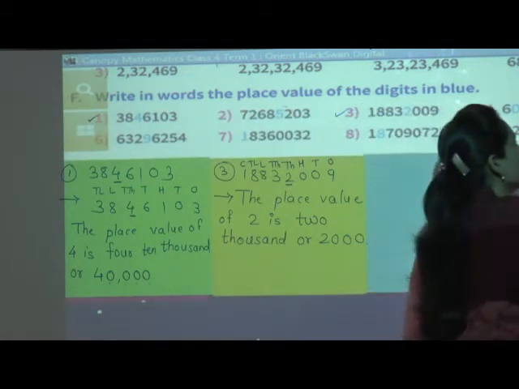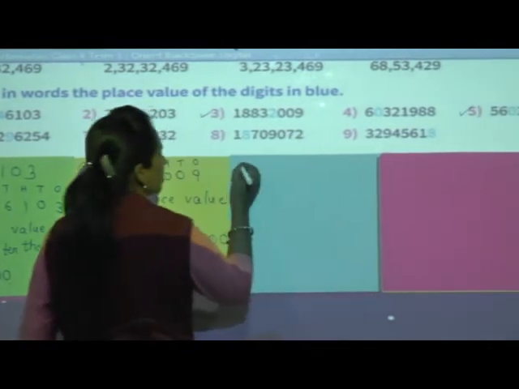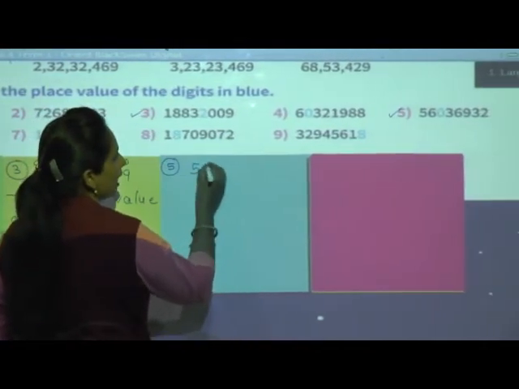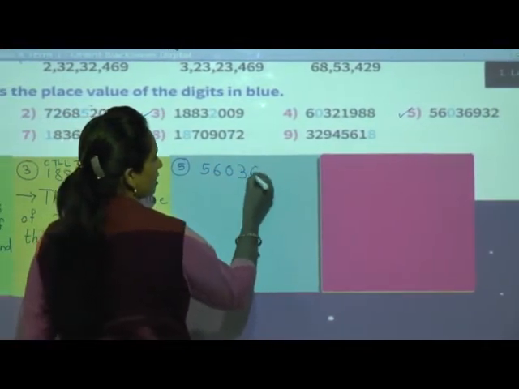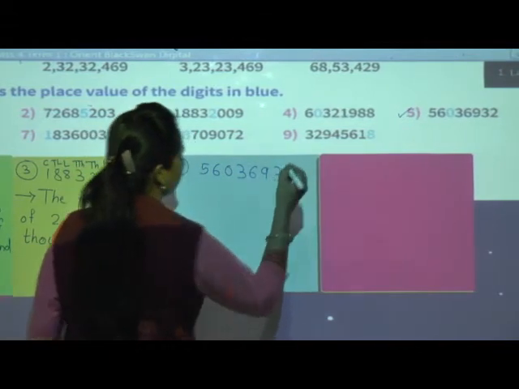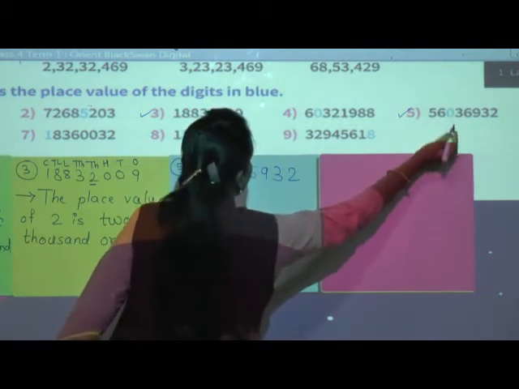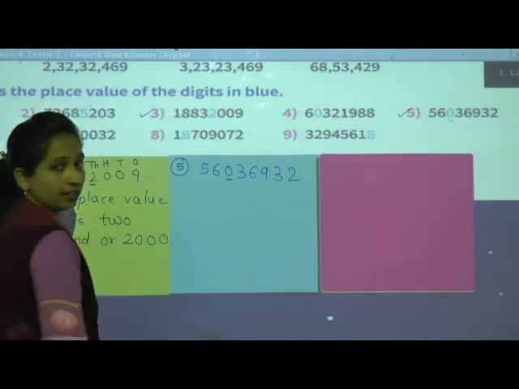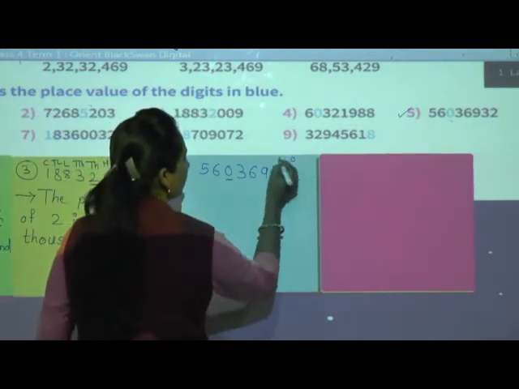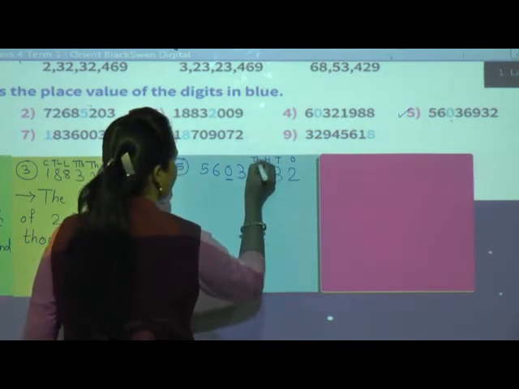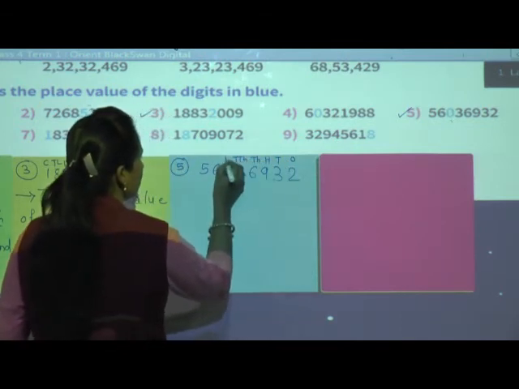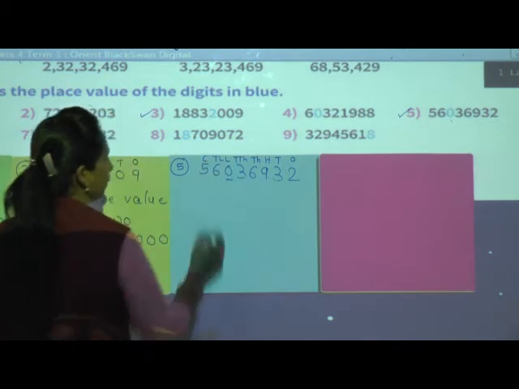Now, the fifth one I will solve. What is the fifth one? 5, 6, 0, 3, 6, 9, 3, 2. Okay? We have to underline the 0. So, I will underline 0. Give the place values ones, tens, 100, 1000, 10,000, lakh, 10 lakh and crore.